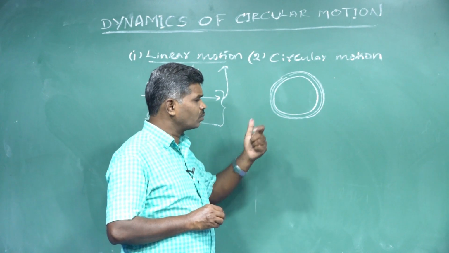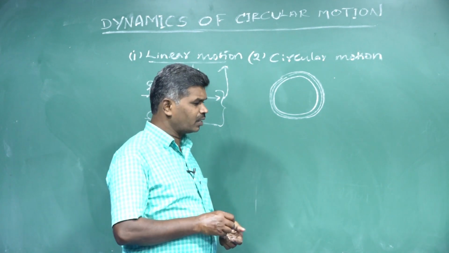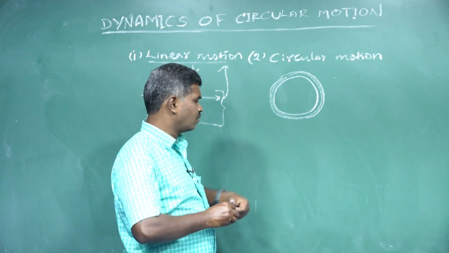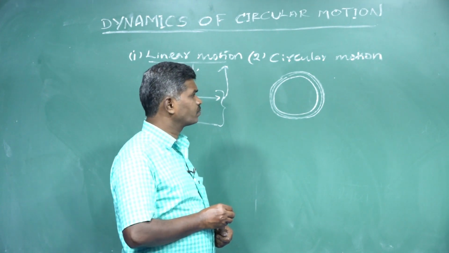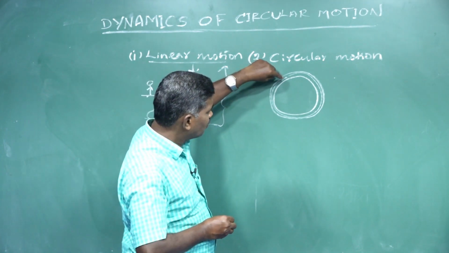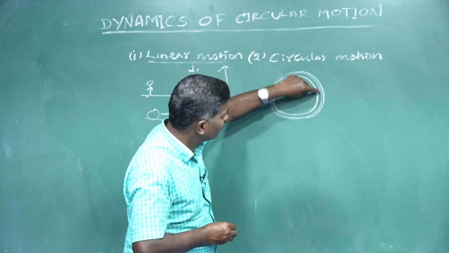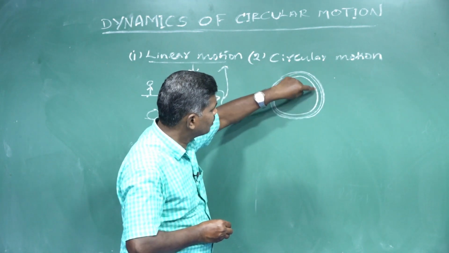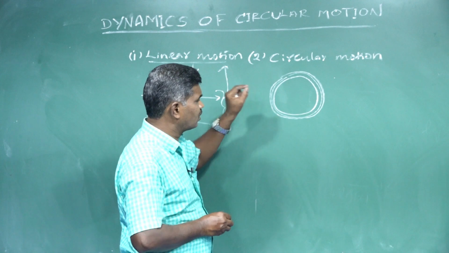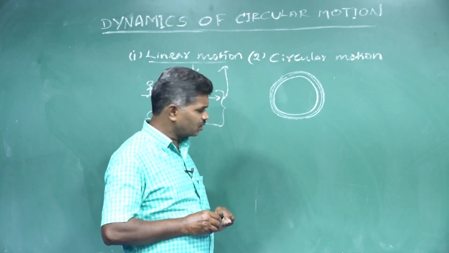Then that circular motion can be defined. The particle moves along the circumference of the circular path, then that particle makes a circular motion.